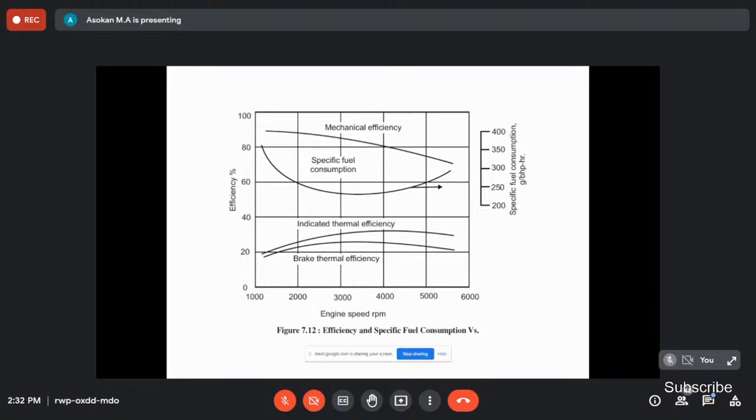Right? On the other side, the starting side, the idling condition, at starting time a rich mixture is supplied. So specific fuel consumption increases. And similarly at higher load, maximum load, it consumes more fuel, so it slightly increases.